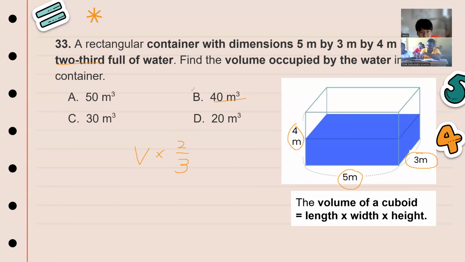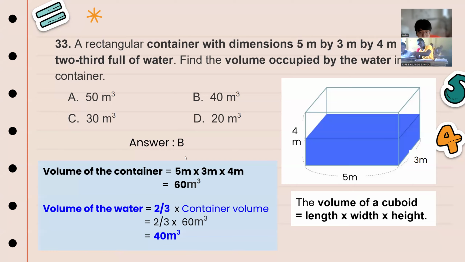Because the volume is 5 times 4 times 3, which is 60. And 60 times 2 over 3 equals 20 times 2, which is 40. So that's why the answer is B.